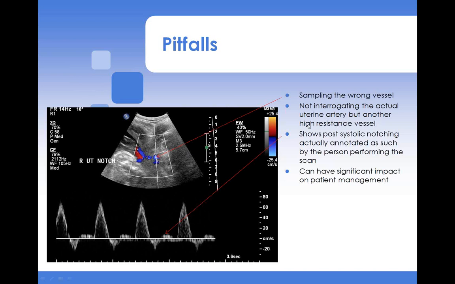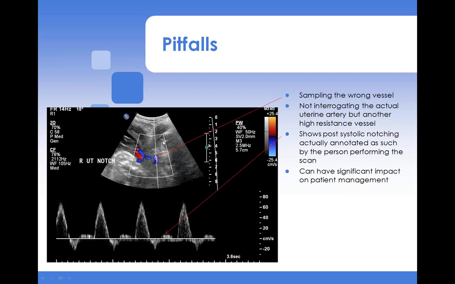Sampling the wrong vessel. So this is allegedly trying to perform uterine artery Doppler and showing extremely high resistance with postsystolic notching, which the person performing the scan has actually annotated as postsystolic notching. However, I think they were in the internal iliac artery.